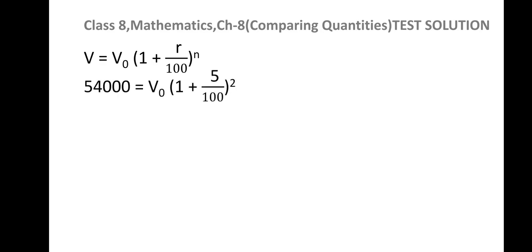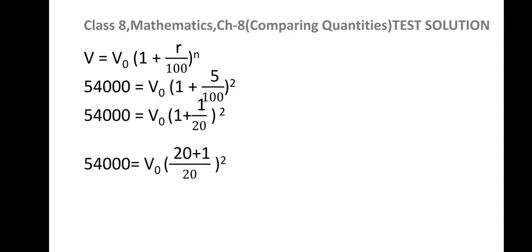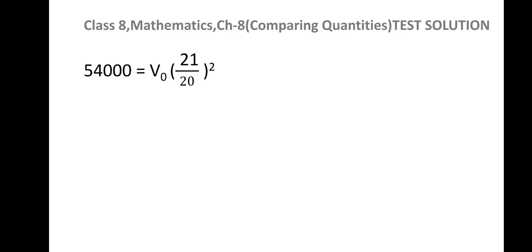Putting the values, 54,000 is equal to V naught bracket 1 plus 5 over 100 raised to the power 2. 54,000 is equal to V naught bracket 1 plus 1 over 20 raised to the power 2, and then solving the bracket, you will be getting 54,000 is equal to V naught bracket 21 over 20 raised to the power 2.